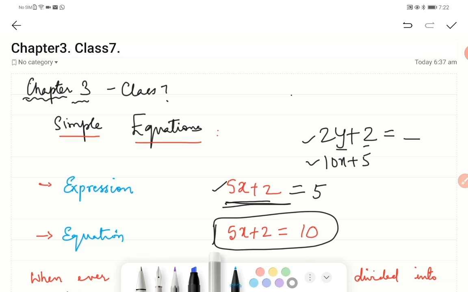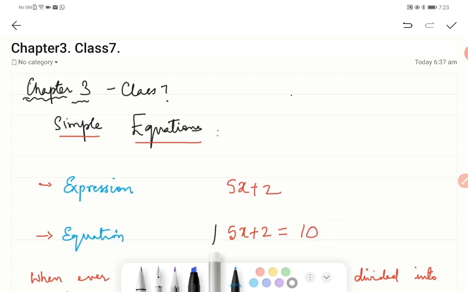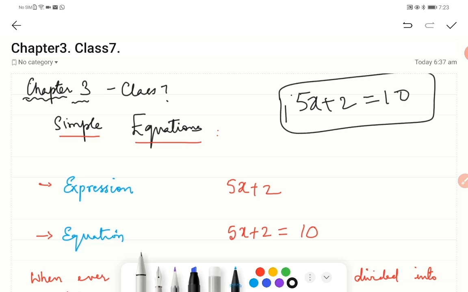So basically your equation is divided into your LHS and RHS. Okay, so since we have an equal to sign here, this 5x plus 2 is equal to 10, right? So this total is divided into two parts.